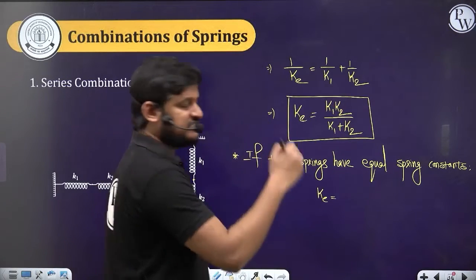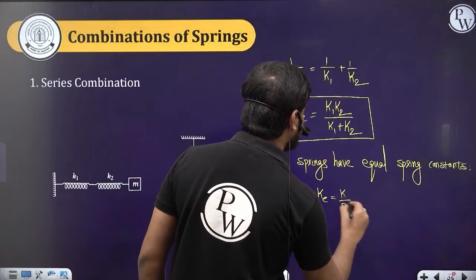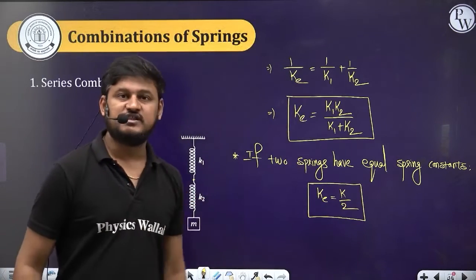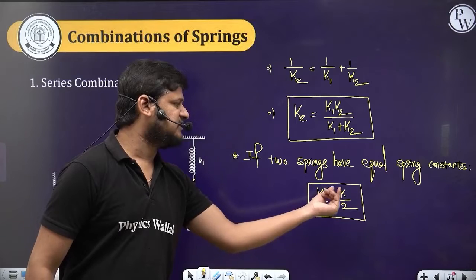So K cancels, K by 2. Or simply, if n number of springs with equal spring constant are connected in series combination, the K equivalent is equal to K by n.